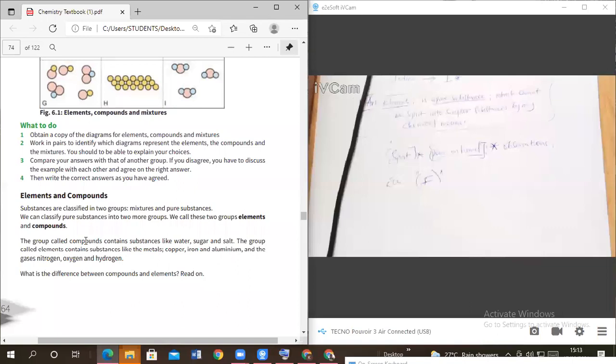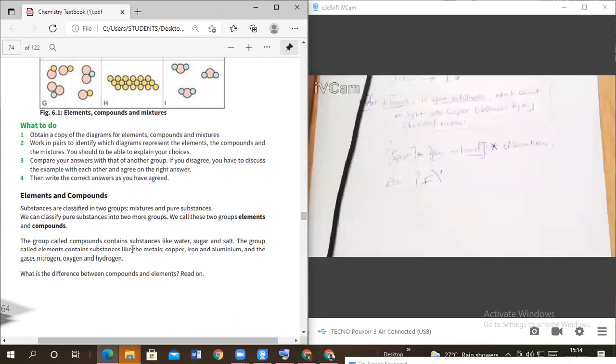These ones are called pure. The group of elements contains substances like metals, copper, iron, and the gases.